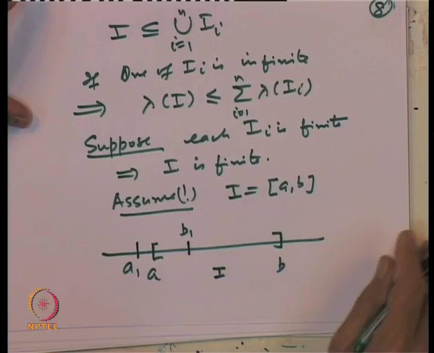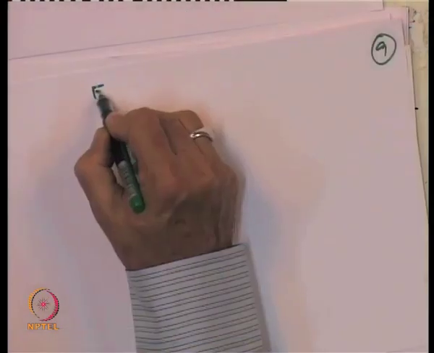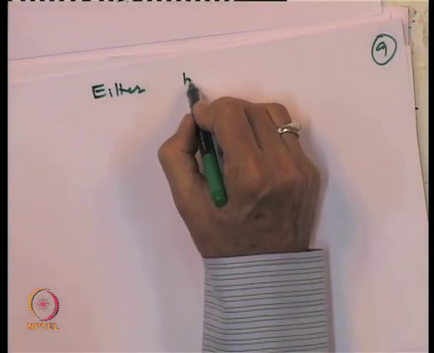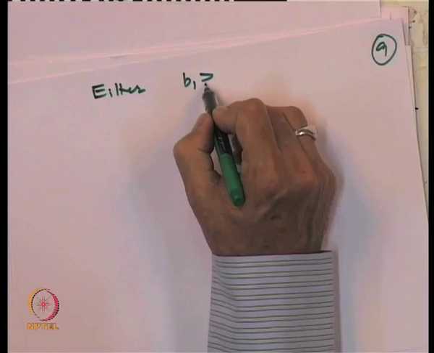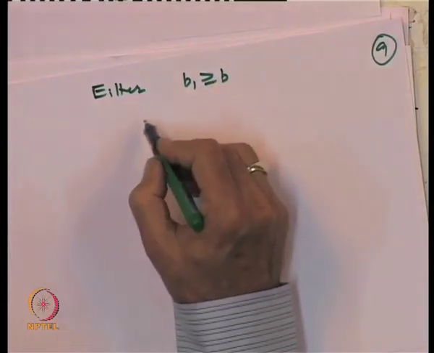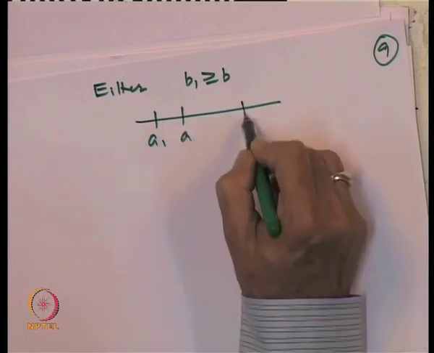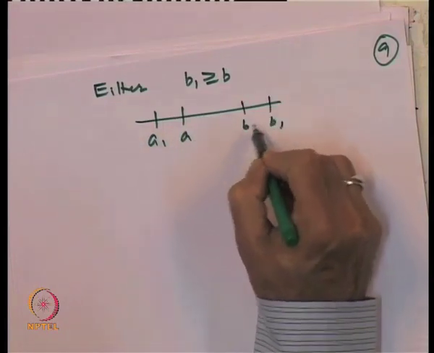So, let us just write, either b_1 is bigger than or equal to b. That means, my picture looks like here is a_1, here is a, here is b and here is b_1.